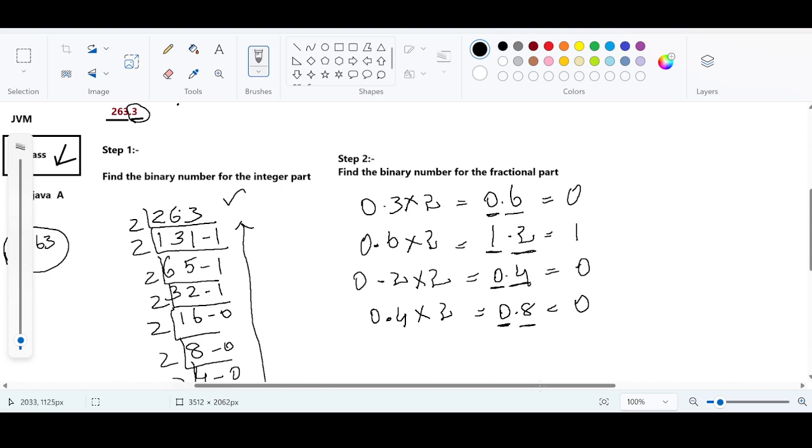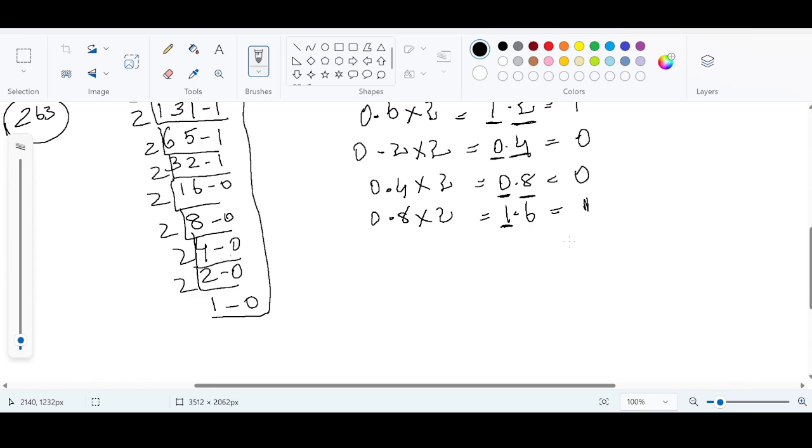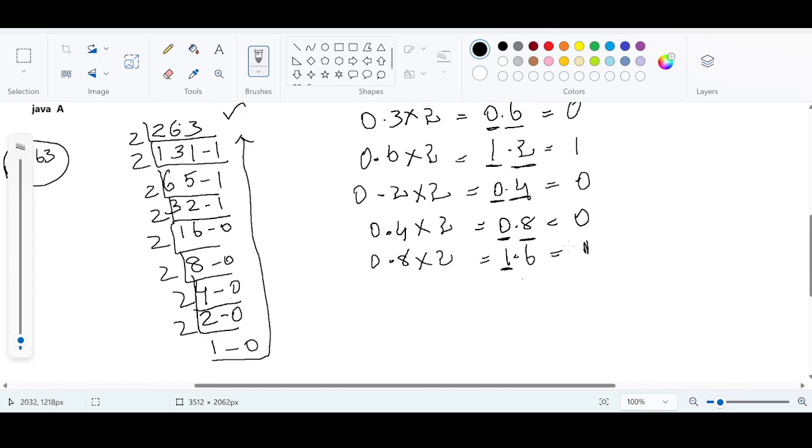And again, take this 0.8. 0.8 into 2, you will get 1.6. You will collect this 1. And again take 0.6 into 2.